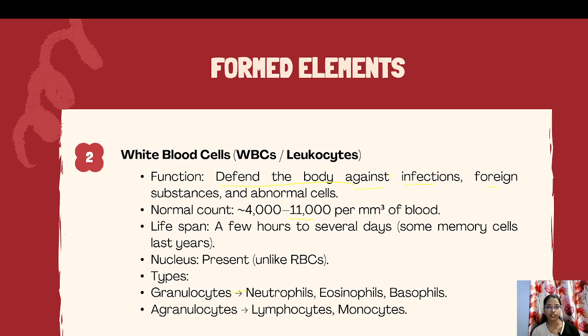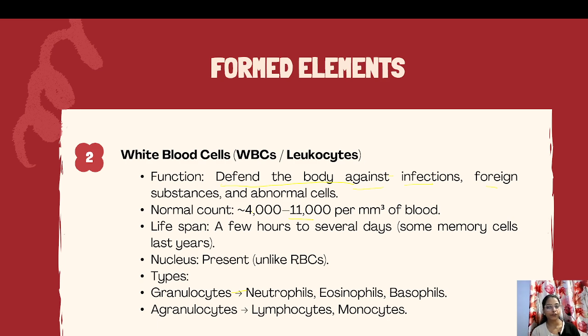If the cells are involved in the immune function, then they can retain that memory for some years. Okay, next, these WBCs contain the nucleus. As RBCs lack the nucleus, the WBC contains the nucleus, and according to the shape or lobes of the nucleus, different WBCs are present in our body.